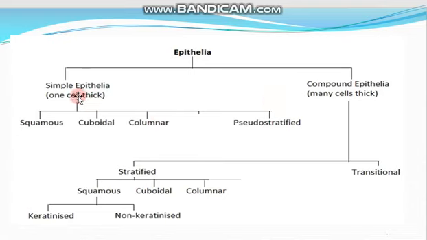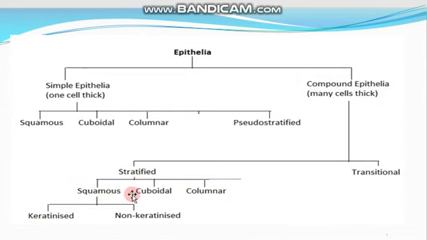Now simple epithelium is again divided into these types. It means it is squamous epithelium, cuboidal epithelium, columnar epithelium and pseudostratified epithelium. And compound epithelium is divided into two types: stratified and transitional. And stratified compound epithelium is again divided into three types.